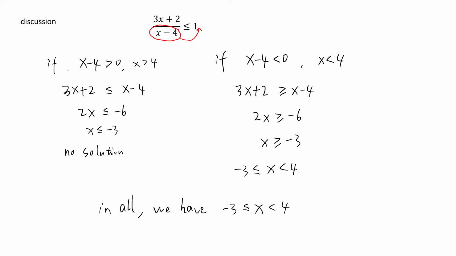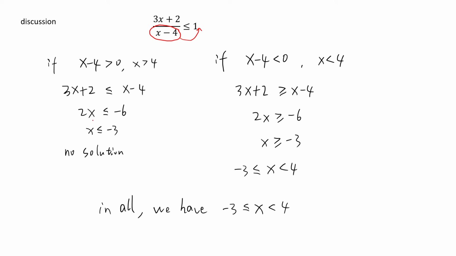So the first scenario, if x minus 4 is greater than 0, it cannot be equal to 0, right? Because it's the denominator. So if x minus 4 is greater than 0, or x greater than 4, we can multiply x minus 4 to the other side without changing the sign. So 3x plus 2 smaller than or equal to x minus 4.